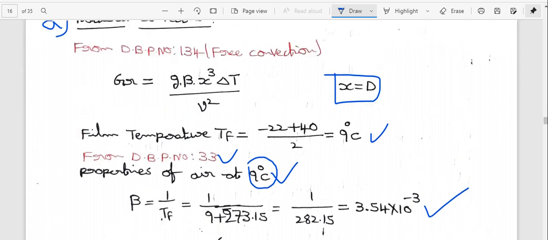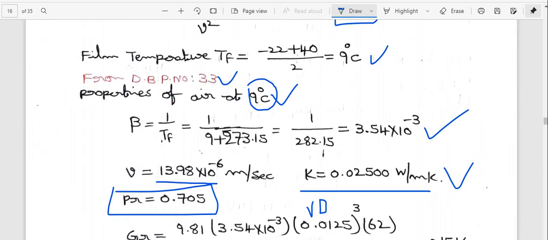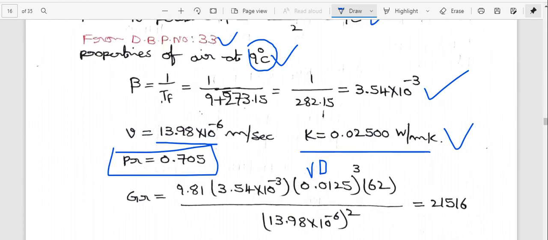And delta T is the change in temperature, that means 22 minus 40, which is 62. We need to substitute the 62 value.